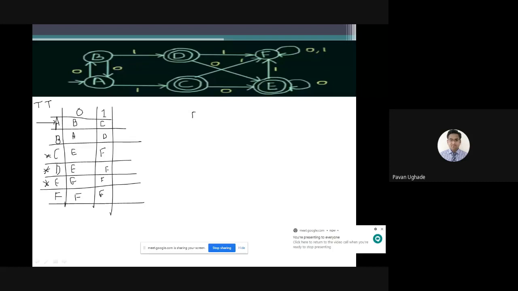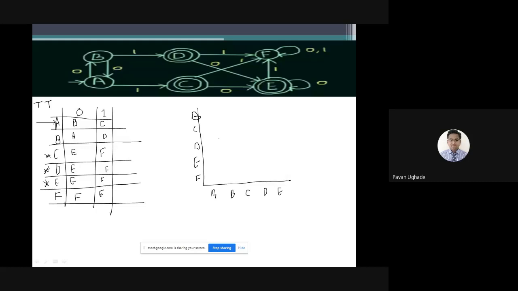First, skip the first state, so we are skipping A, and in the vertical we list B, C, D, E, and F. In the horizontal, skip the last state F, so we list A, B, C, D, E. Get the entries now.